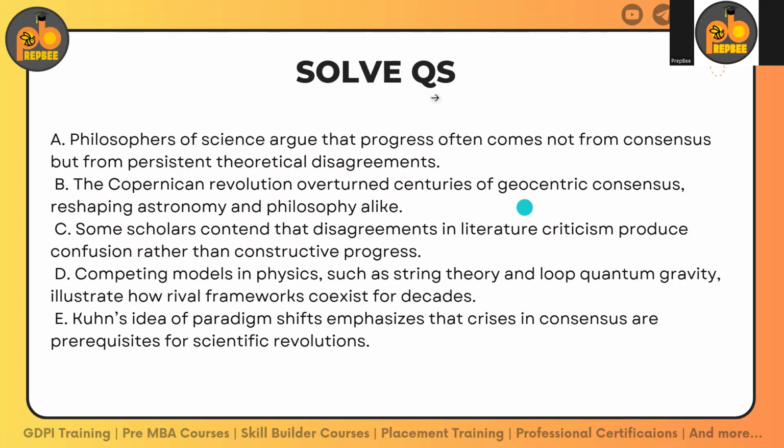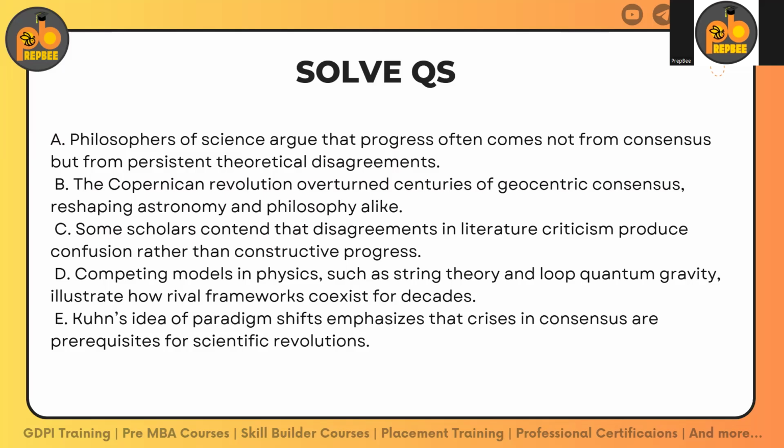Philosophers of science argue that progress often comes not from consensus but from persistent theoretical disagreements. The Copernican revolution overturned centuries of geocentric consensus, reshaping astronomy and philosophy alike. Some scholars contend that disagreements in literary criticism produce confusion rather than constructive progress.